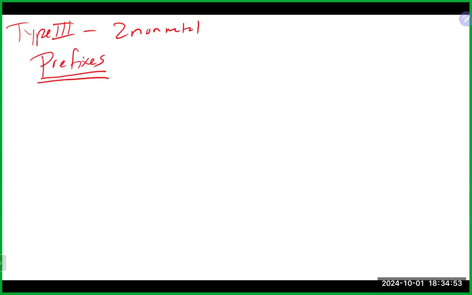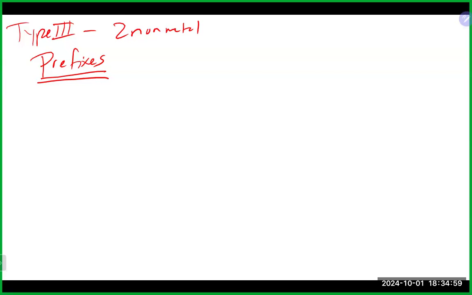So type 3 is what you've been waiting for, maybe. Type 3 compounds are our two nonmetals together. This is the correct place to use prefixes.